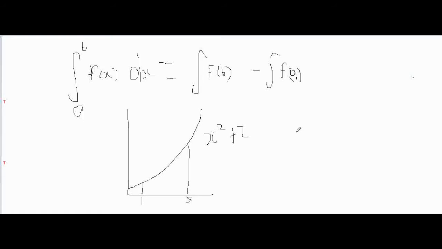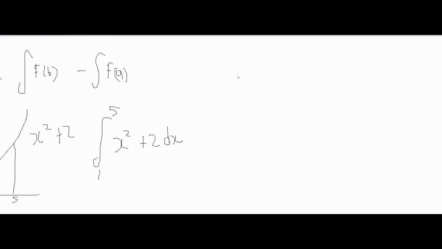So what we would do is write this as the integral from 1 to 5 of x squared plus 2 dx. And so we'll go ahead and just integrate this.